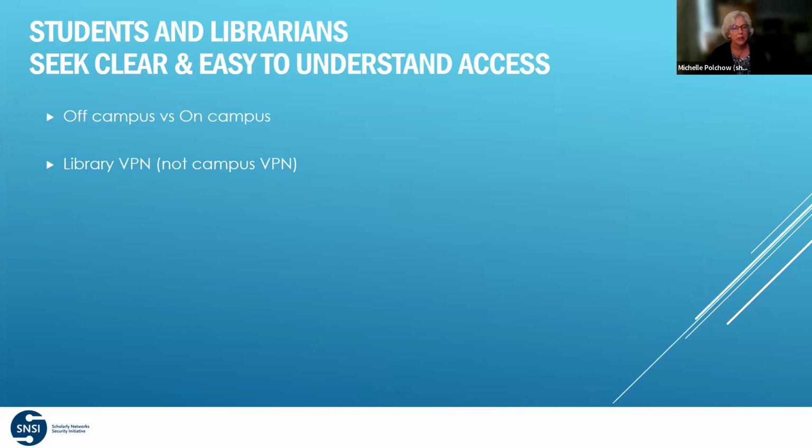At Davis, we use a library VPN, and I am trying to get discussions started on Open Athens. But in the meantime, when you're not on campus, you need to authenticate using a third-party software.